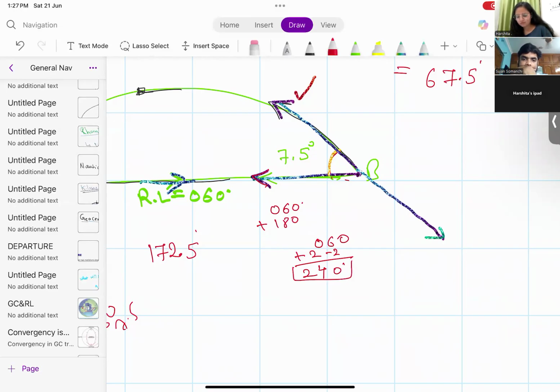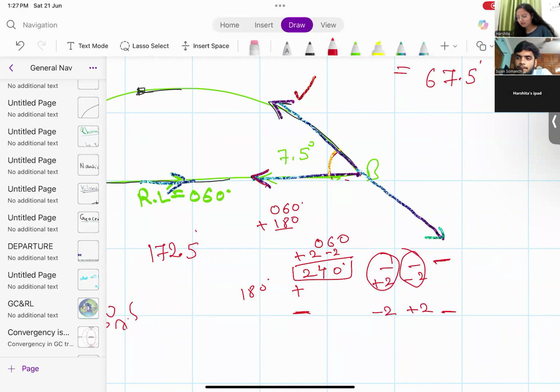Okay. Do you remember that? Yes. If you want to add 180, then you do plus 2 minus 2. These are 3-digit numbers. So you add 2 to the first number, minus 2 from the second number, and the third number remains the same. If you want to subtract 180 from some number, you do minus 2 plus 2 and leave the third number.